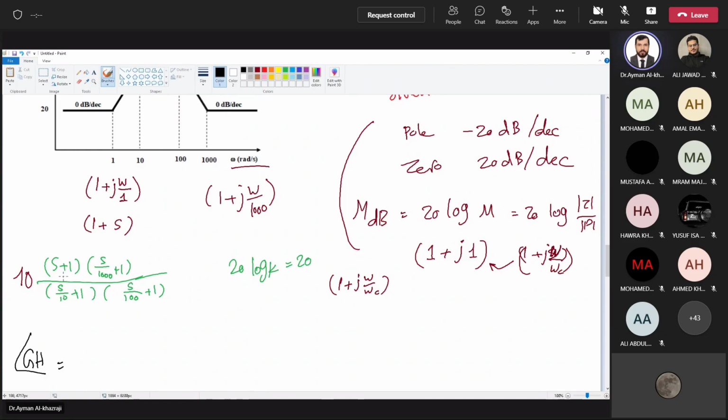There is no angle in the numerator constant, so we start numerator minus denominator: tan inverse omega over 1, plus tan inverse omega over 1000, minus tan inverse omega over 10, minus tan inverse omega over 100. You can construct the diagram, you can find gain margin and phase margin only from this.